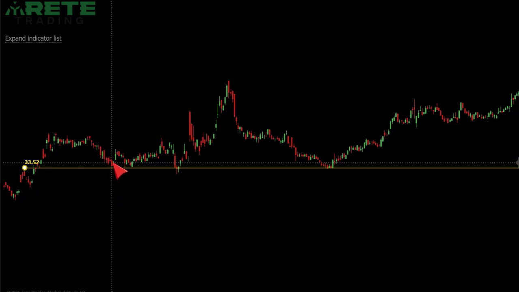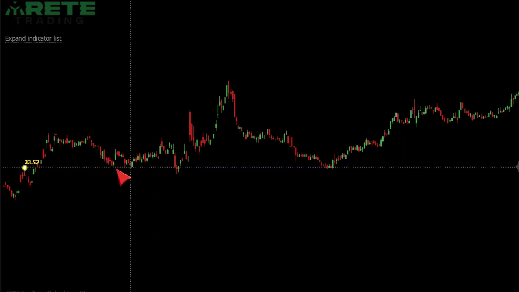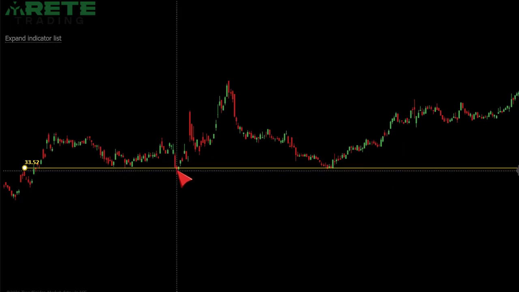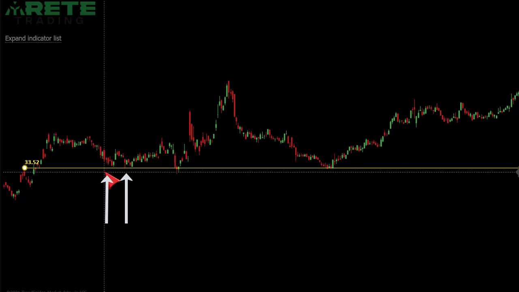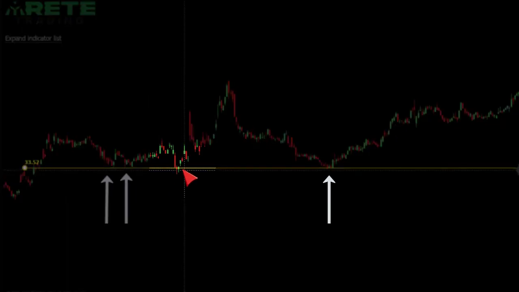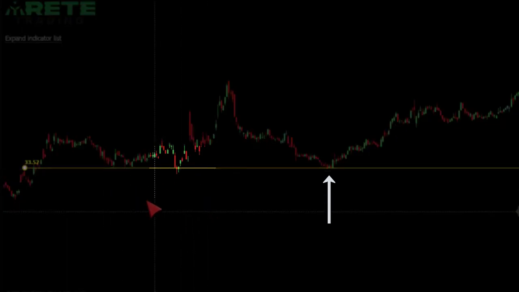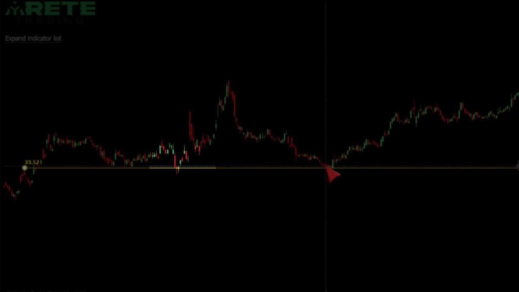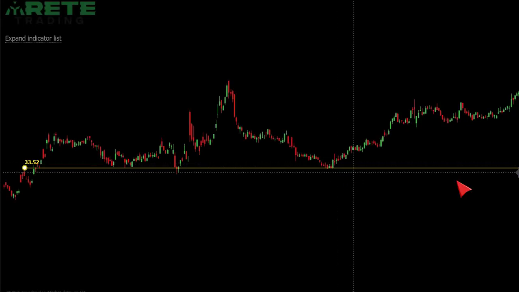You can use 1, 2 spots where it stopped, but on top of that, you also have a little break right here. Does that mean the support line's ruined? Did it close under that support line? No. If it doesn't close under that support line, is it ruined? No, it's not. So that's how you should be viewing how to draw a support line and use that very simple definition of what a support line is.